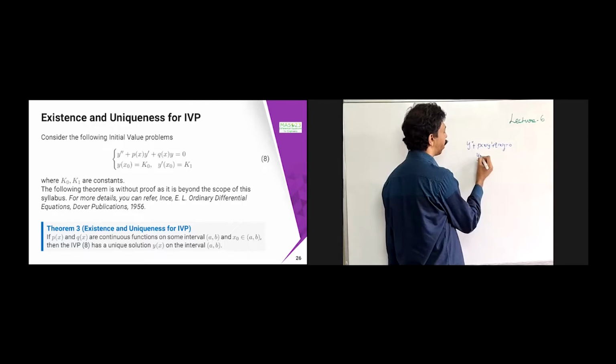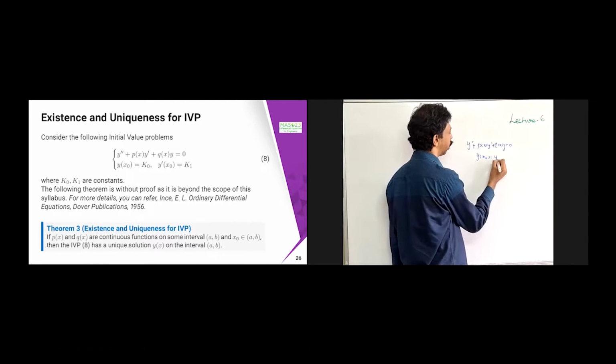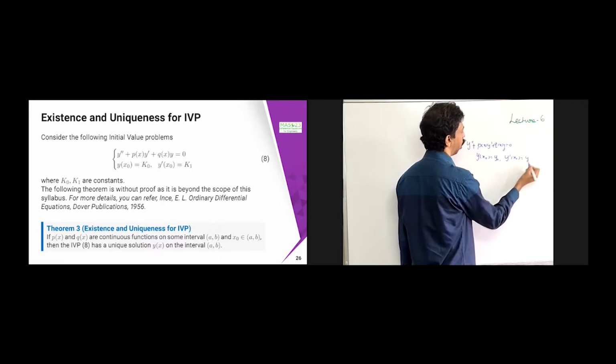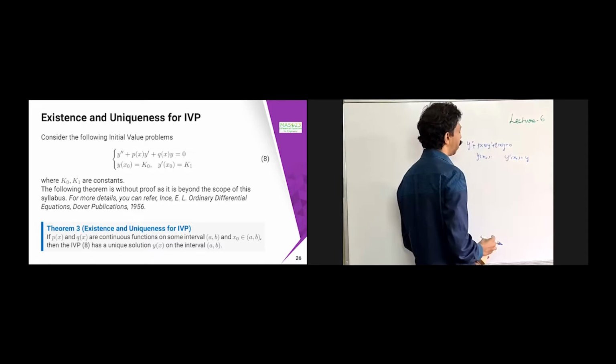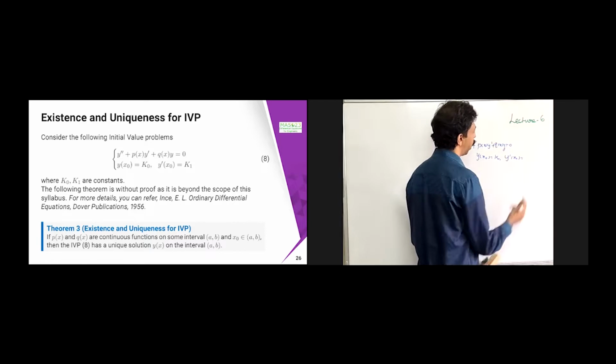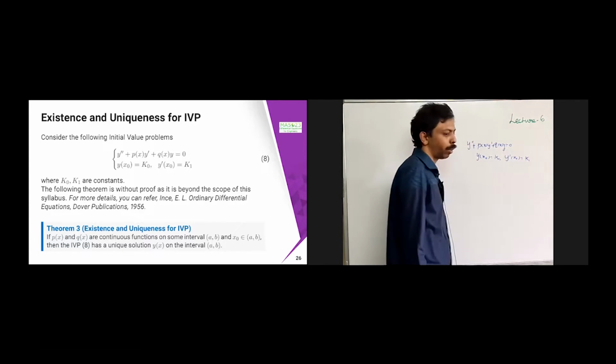And I have y of x naught equal to k naught and y dash of x naught equal to k1. It's not y naught and y1, so let me put it as k naught and k1. So this is the initial value problem.